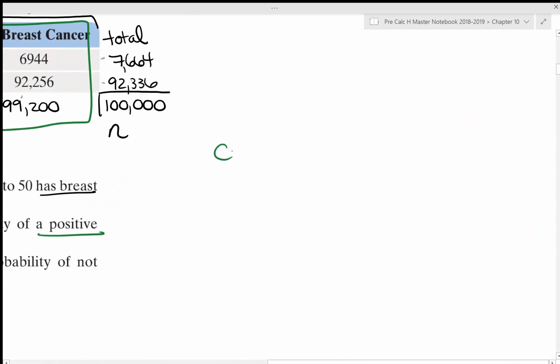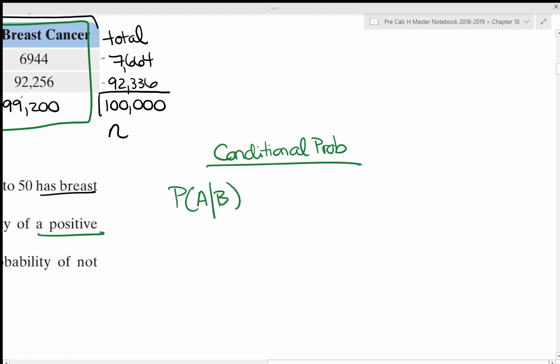If you want to write conditional probabilities, the way you would see this written is something like probability of A and then a line B. This line is called a given line. The probability would be how many are both A and B over the probability of the condition.